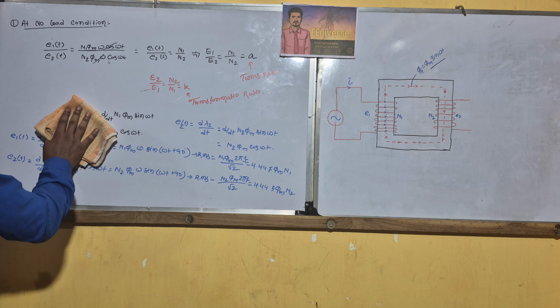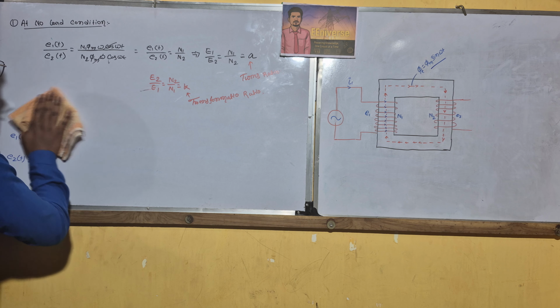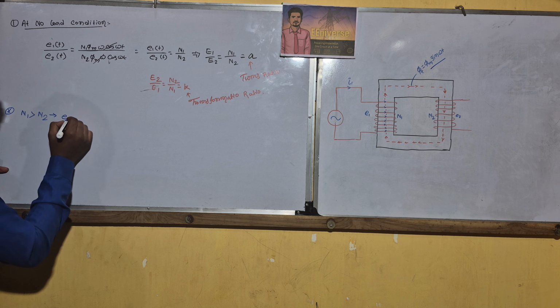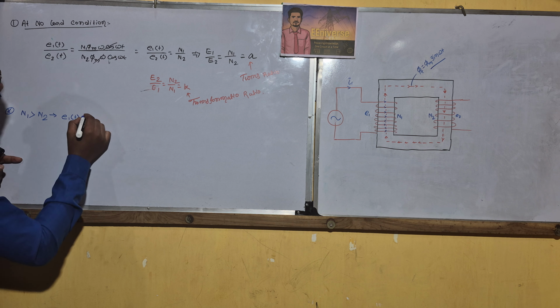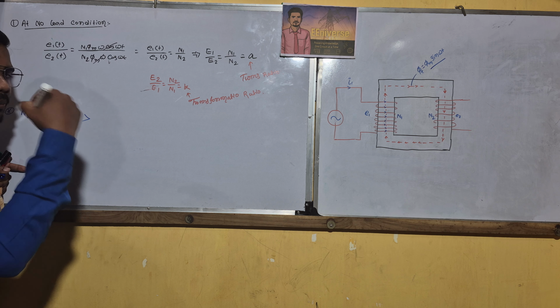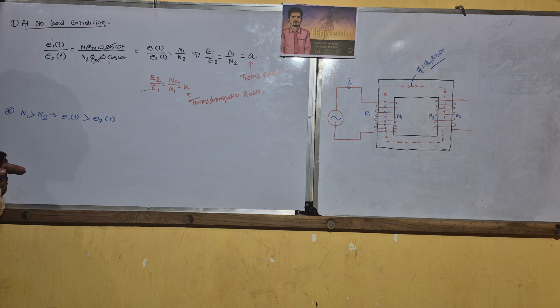So now, if N1 is greater than N2, then in the primary side the induced EMF is more than the secondary side induced EMF.